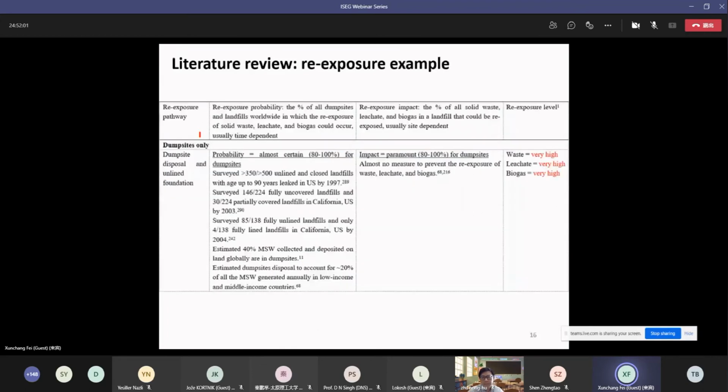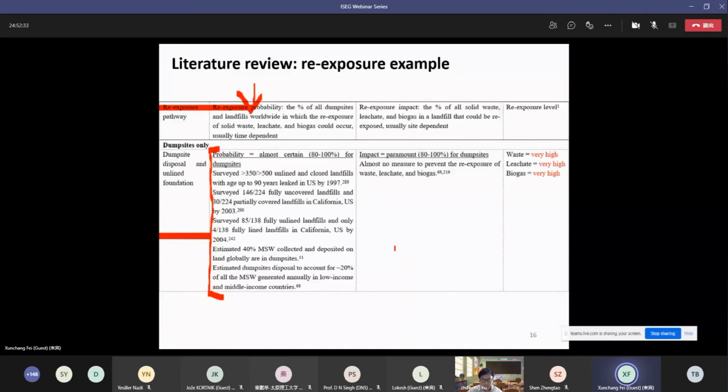So I took another screenshot of this big table. In this table, essentially what we've done is to summarize the literature, as you can see here. For example, for the dump site exposure, we've gone through many studies and tried to look for the numbers, especially the percentage numbers. For example, one study says that around 50% of the dump sites are going to leak solid waste to the environment in the next 5 years, and so on.